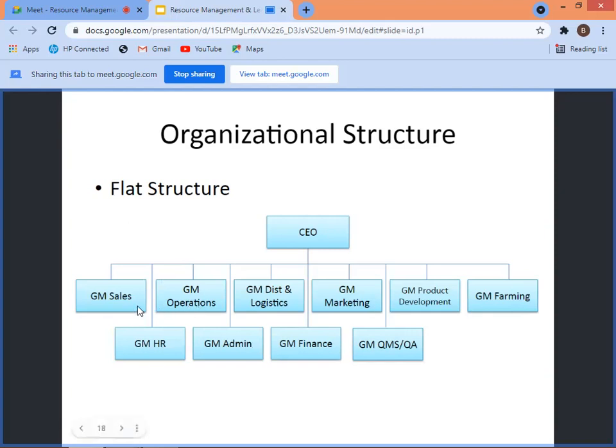This is an advantage for all the GMs because what? Because they're directly reporting to the CEO. All of these guys are reporting directly to the CEO. Outside of the executive committee meetings, they can directly talk to the CEO.